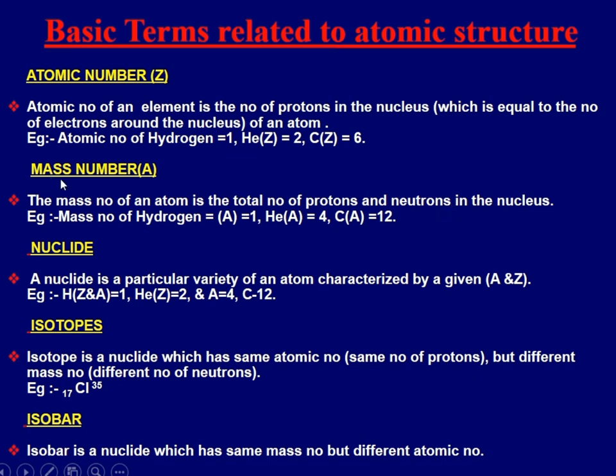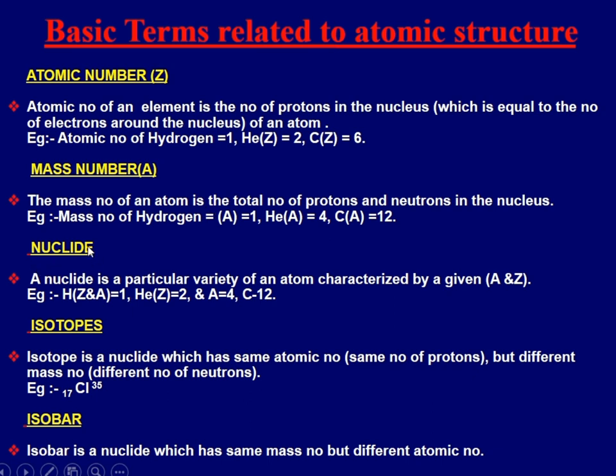So mass number is the total number of protons plus the total number of neutrons present inside the atom. The mass number of hydrogen is 1, for helium it is 4, and for carbon it is 12.